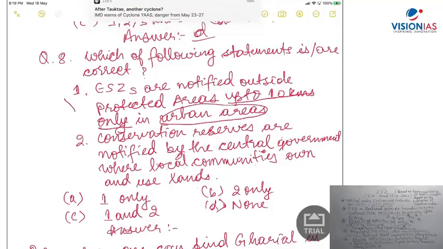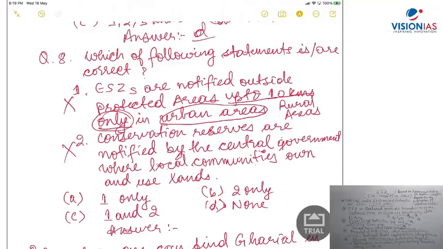It can be anywhere. It can be rural areas also, forest areas and all this can also be there. And I said up to 10 kilometers, but it is not always so.